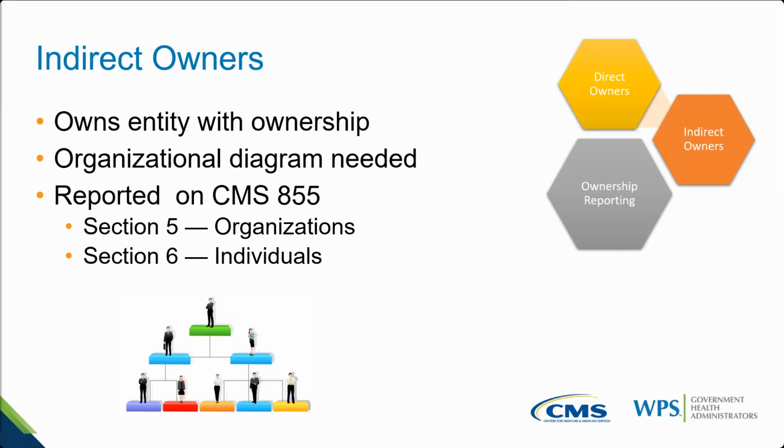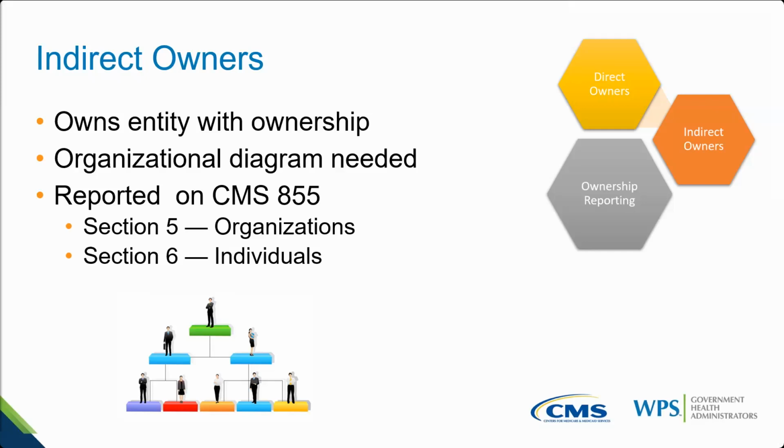So if you have a parent company, and again, we'll look at examples of this, the owners of that parent company also need to be reported because they will have what is considered indirect ownership of that enrolling provider.